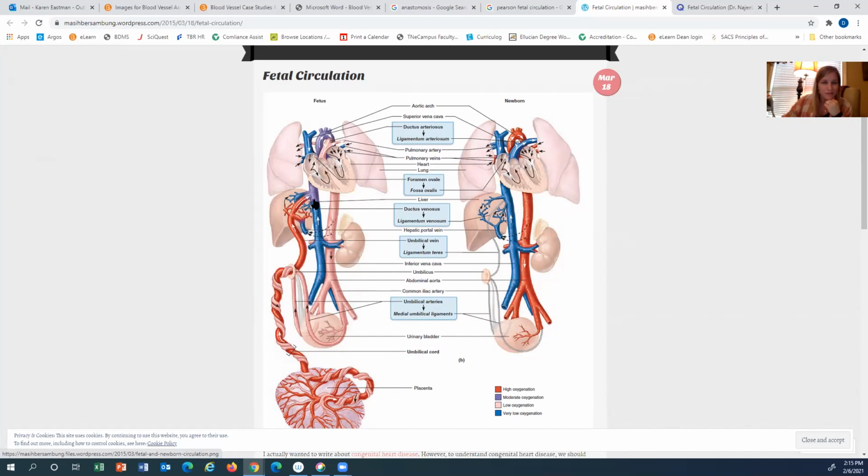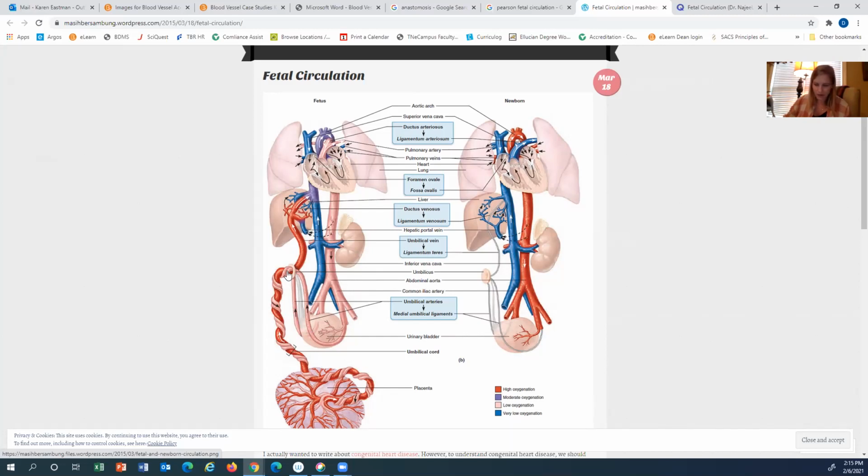Because the answer is both. Okay. So what we're looking for, for our purposes, is to know that umbilical veins coming in carry oxygen, and umbilical arteries going away carry deoxygenated blood. So those are the two that we're looking for in a question like that for fetal circulation.